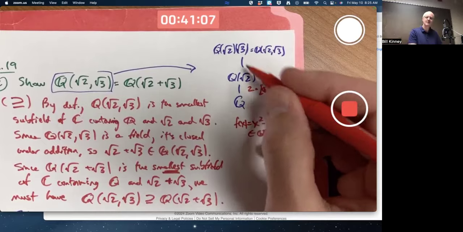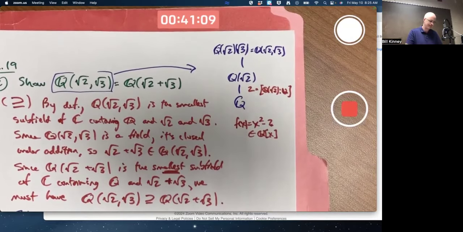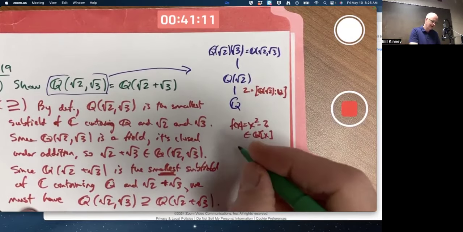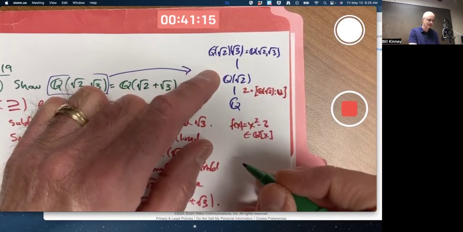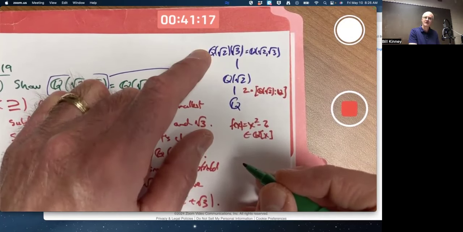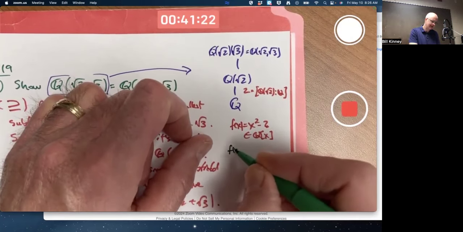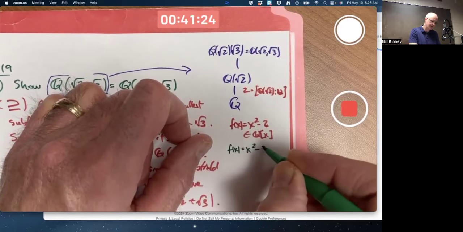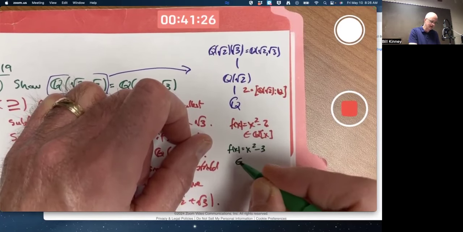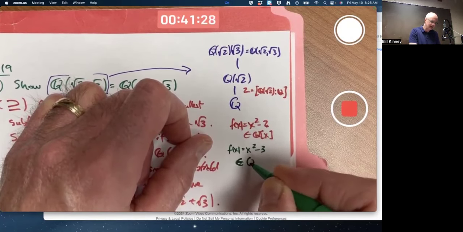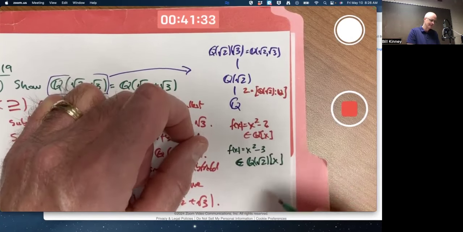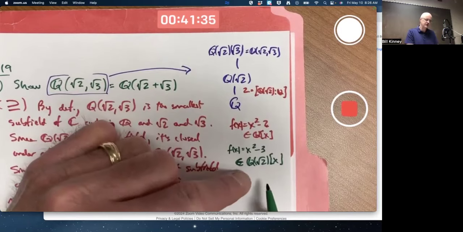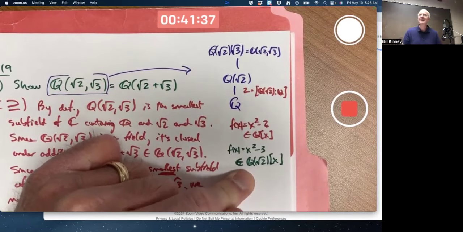What about the dimension of this one? Can I find an irreducible polynomial with coefficients from this field in which square root of 3 is a root of it? Yes, f of x equals x squared minus 3, thought of as an element of not Q[x], but Q adjoin root 2[x]. It does turn out to be irreducible over Q adjoin root 2.